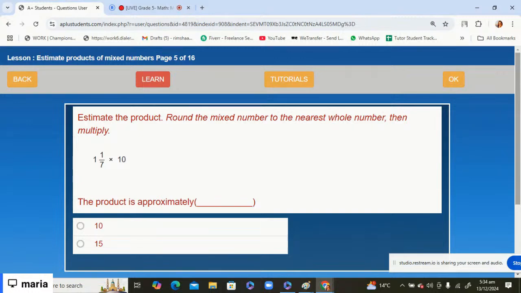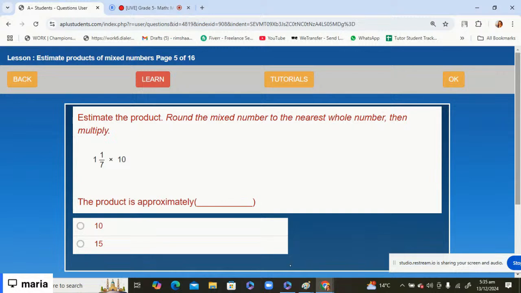1 into 1 by 7 times 10. So what is the product approximately? It can be rounded to 10.